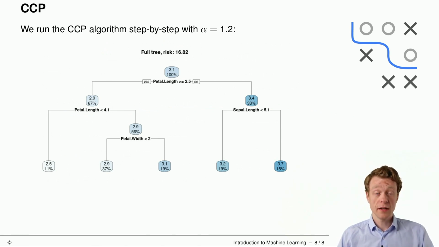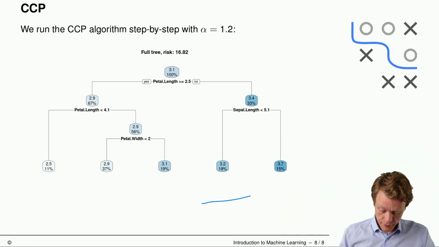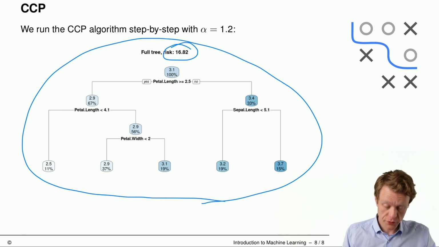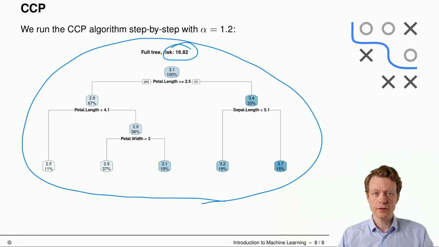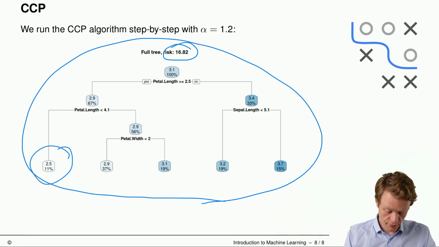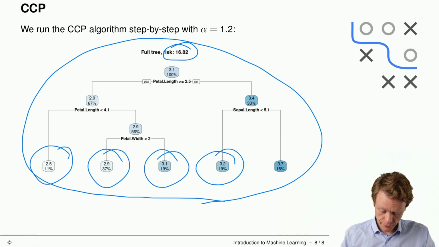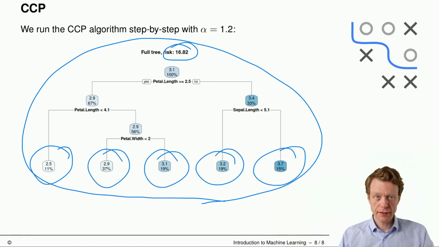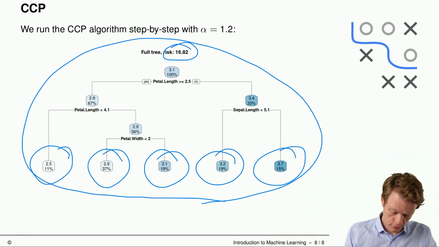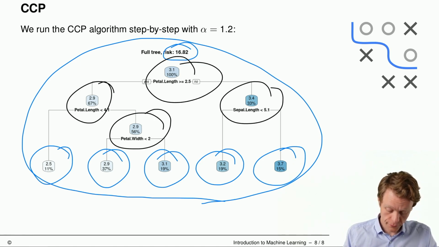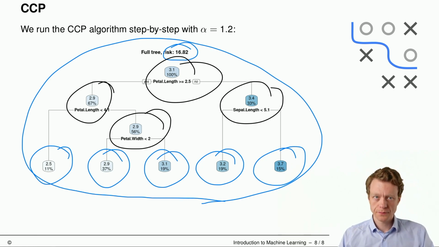So let's have a look at an example of CCP. We have this full tree here, and the risk of this full tree is 16.82. Okay, the full tree has 1, 2, 3, 4, 5 leaves, and perhaps with a different color, 1, 2, 3, 4 internal nodes.